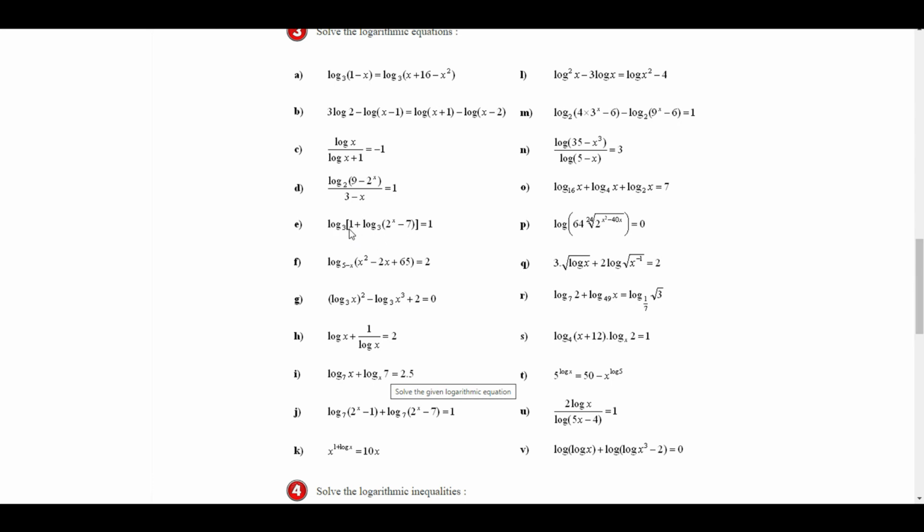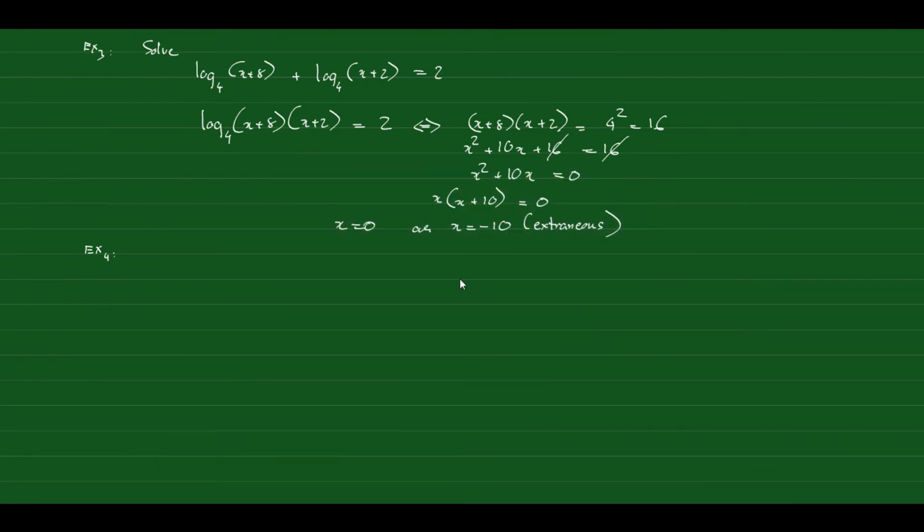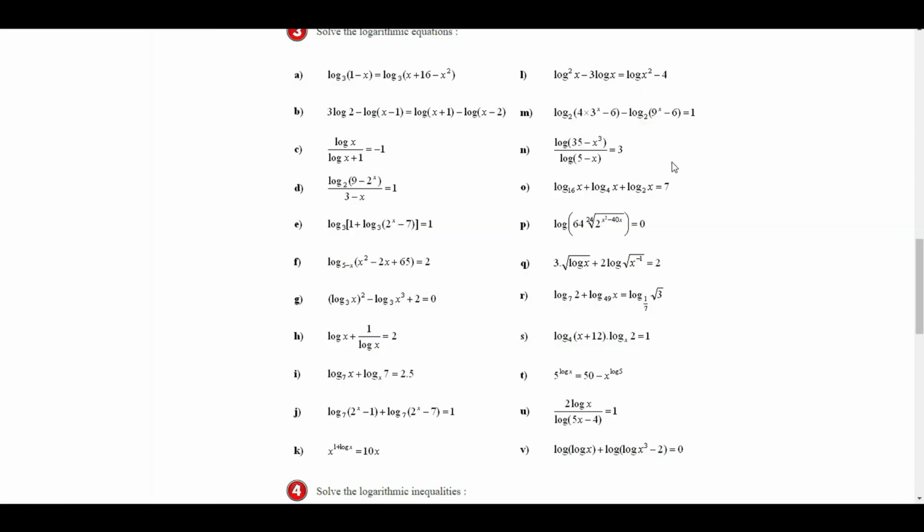So we have log base 3 of 1 plus log base 3 of 2 to the x minus 7, equal 1.